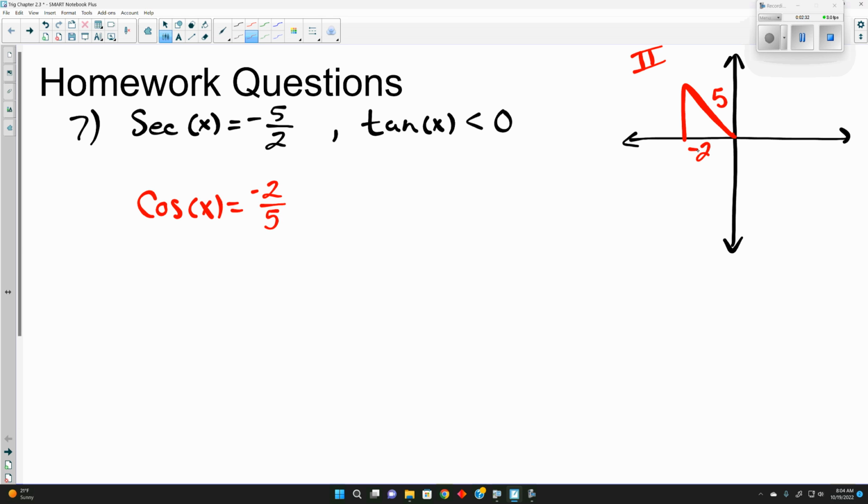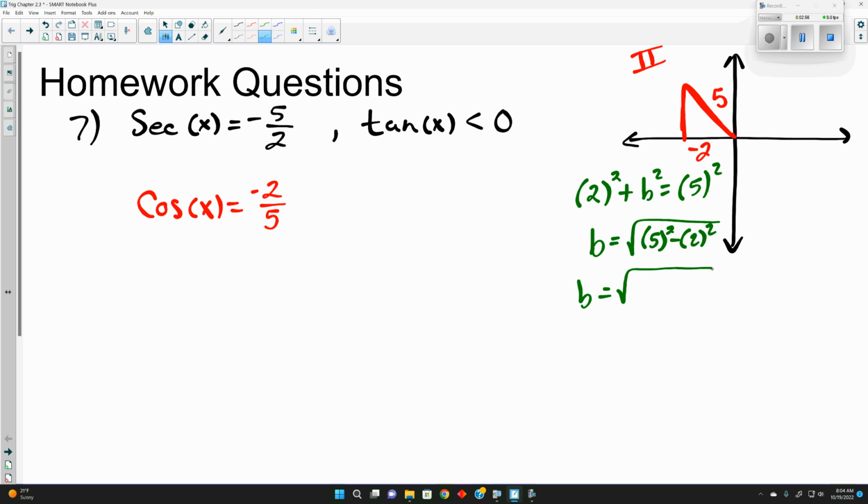Now, to find the other side, we can just use Pythagorean's theorem, saying that 2 squared plus b squared is equal to 5 squared. But really, we're just saying b is equal to the square root of 5 squared minus 2 squared.